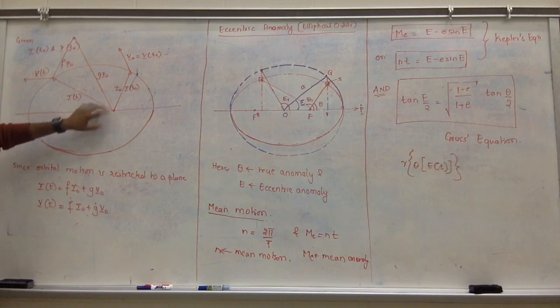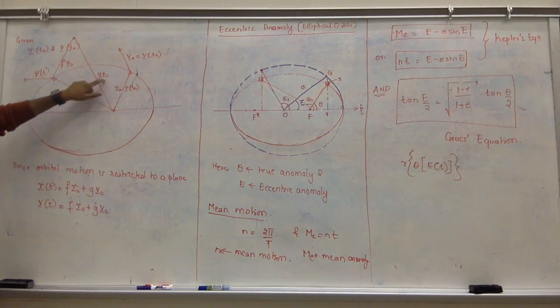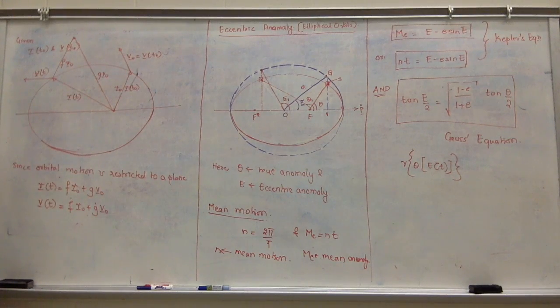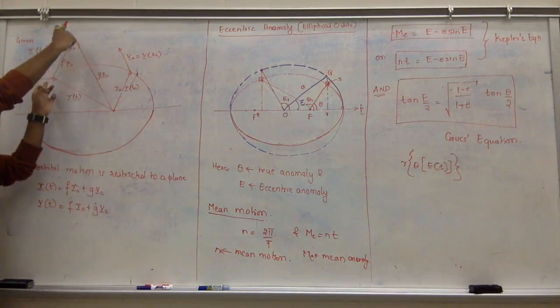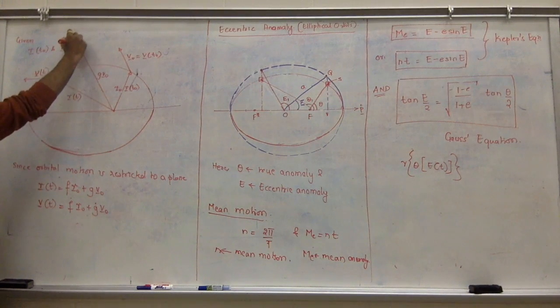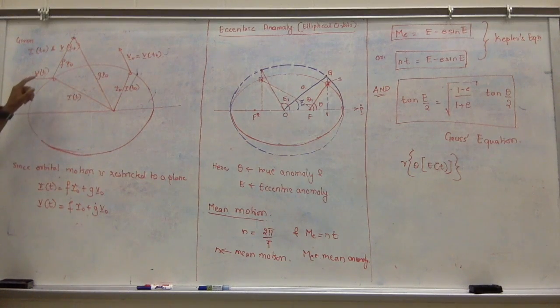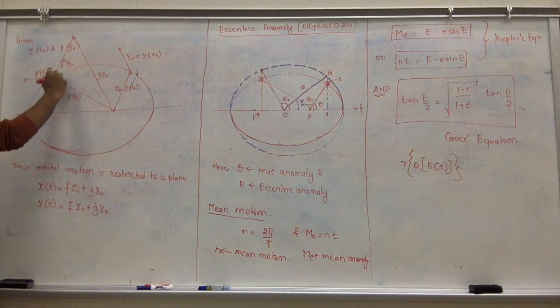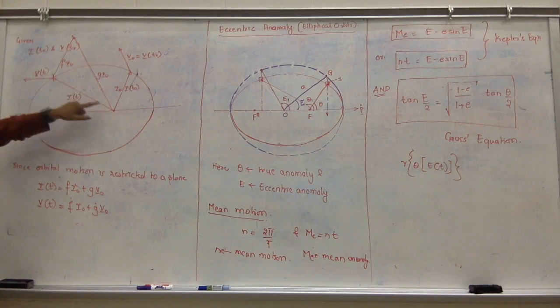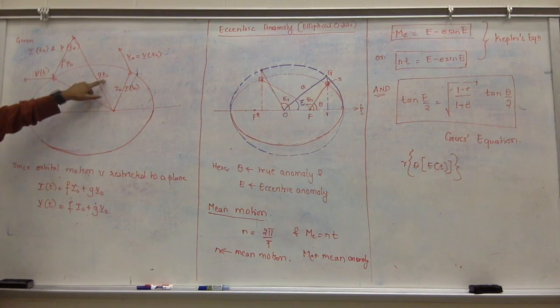See, this direction is the same as this direction. Vector-wise, if you look at these two vectors, this vector r is equal to this vector plus this vector. Parallelogram law, right? This is g times v naught. It's the same vector, the same direction.